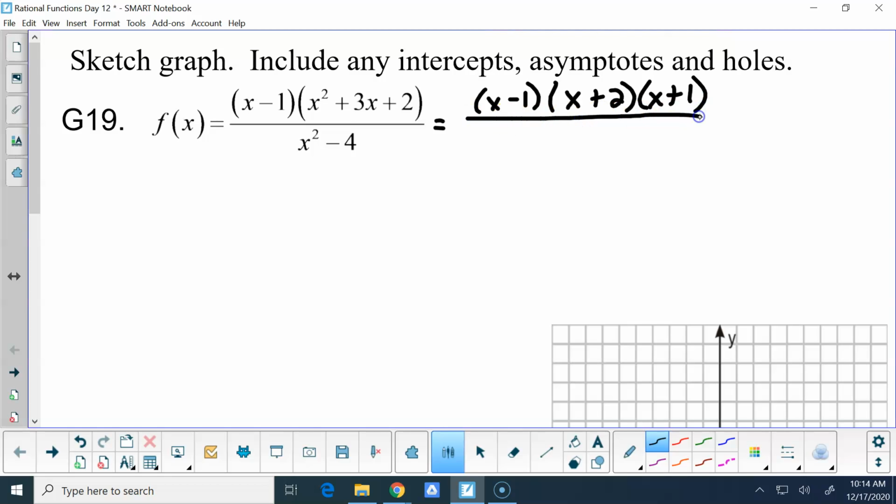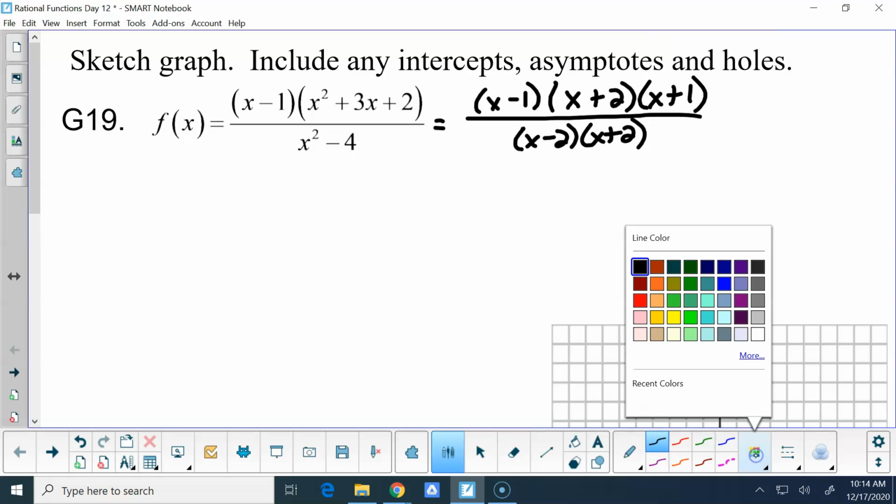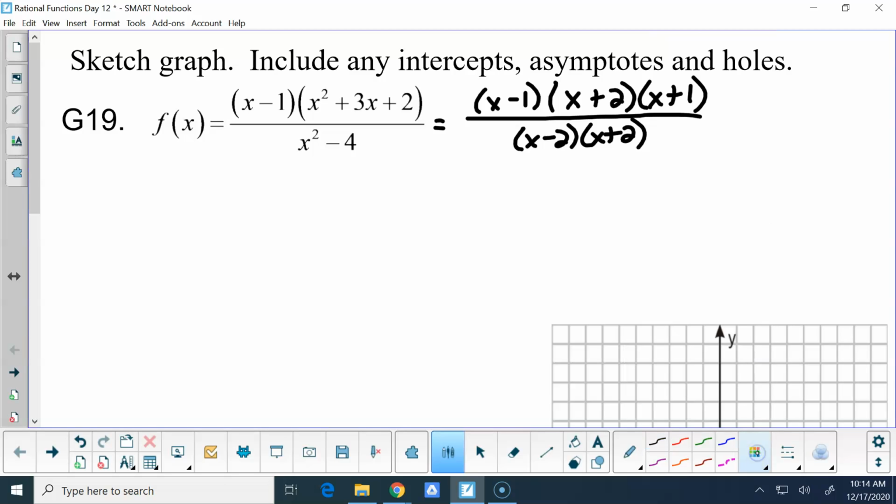The bottom factors to be x minus 2 and x plus 2. So, the x plus 2 cancel each other out, leaving me with x minus 1 times x plus 1 all over x minus 2. Yes?